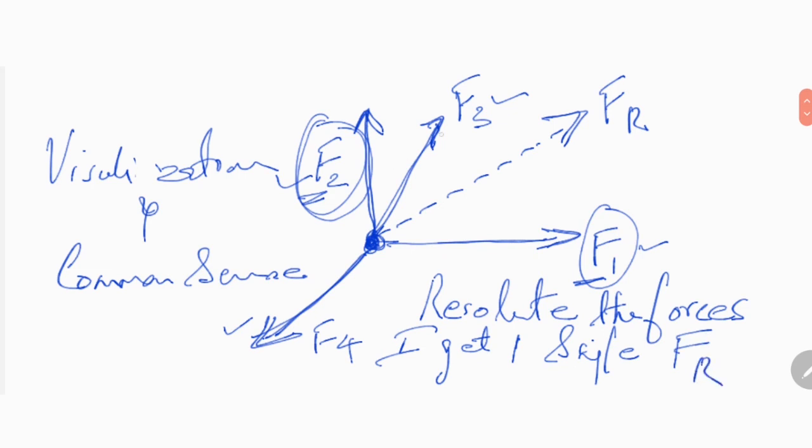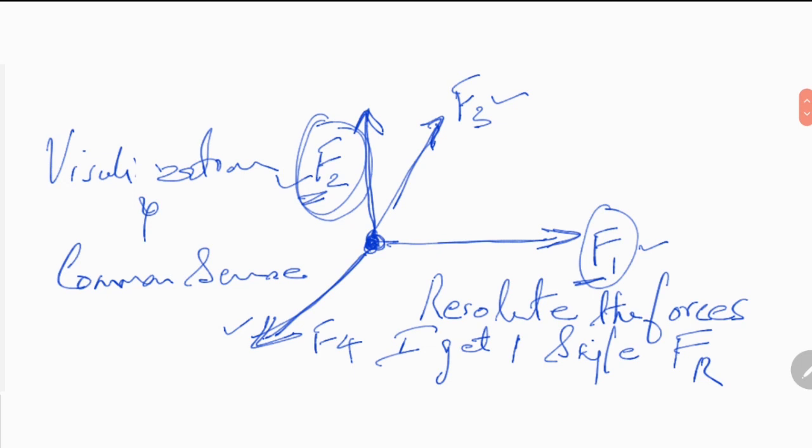I don't know now how these forces will act, but let us say that if you actually solve all the forces, maybe we will have a resultant which will lie somewhere in this direction.